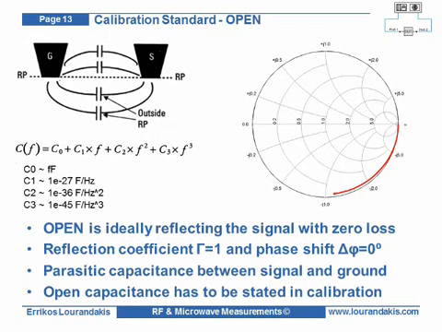The coefficients of this frequency-dependent polynomial are entered into the network analyzer when defining the open calibration standard. As a result of the parasitic capacitance, we witness the reflection parameter S11 moving clockwise along the lower part of the Smith chart as frequency increases.